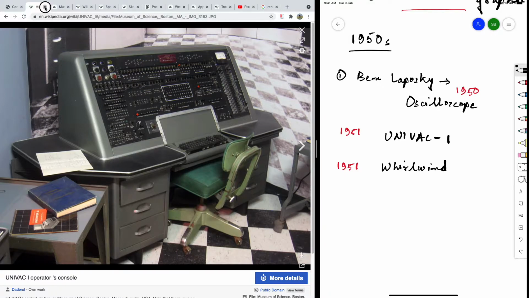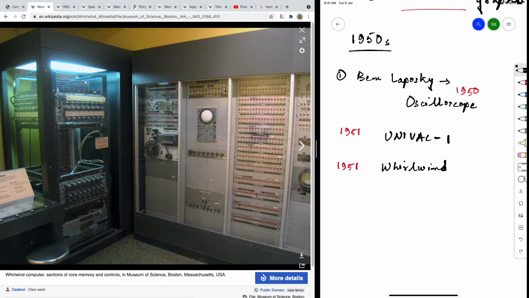So the computer that was able to display real-time video for the first time is this one, and it was developed at Massachusetts Institute of Technology. So this entire room, whatever is there in this device, as big as a room, was the first general purpose computer to display real time video.